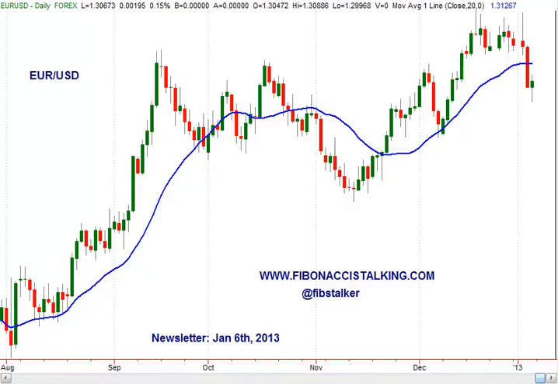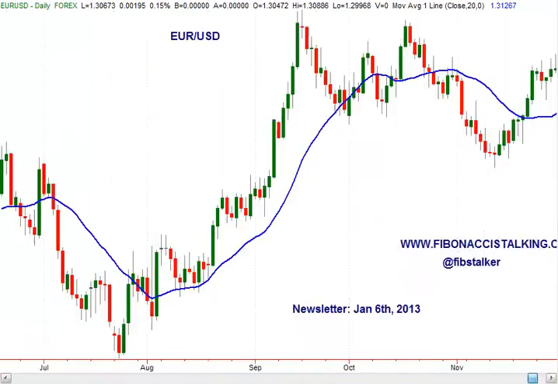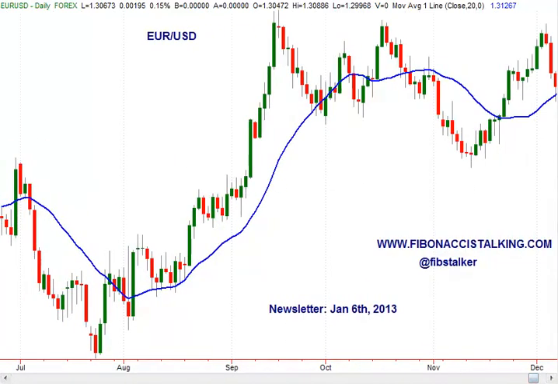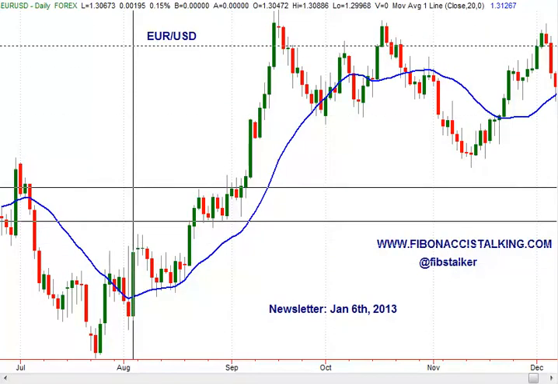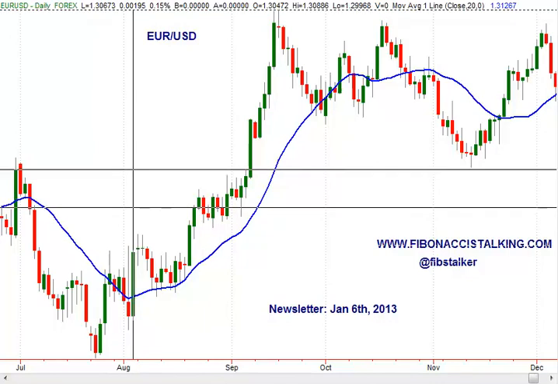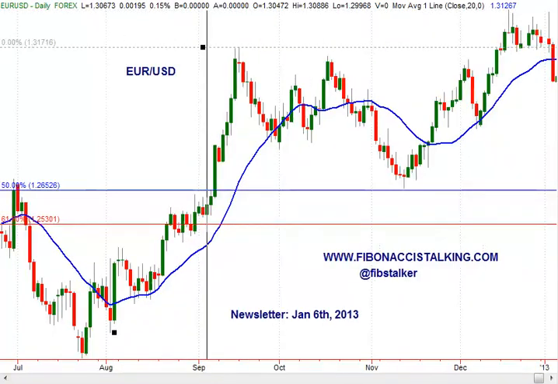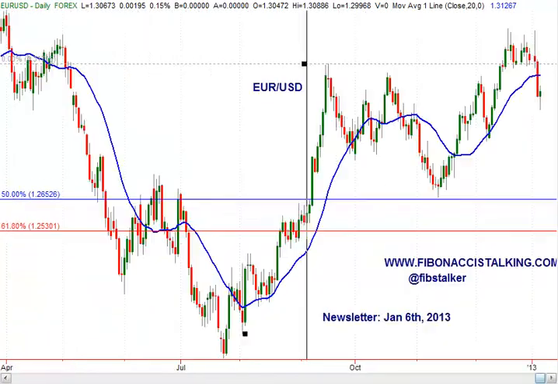So let's look at the daily time frame here. Again I'm going to show you the support level that also helps us indicate the target that we are looking at the moment.